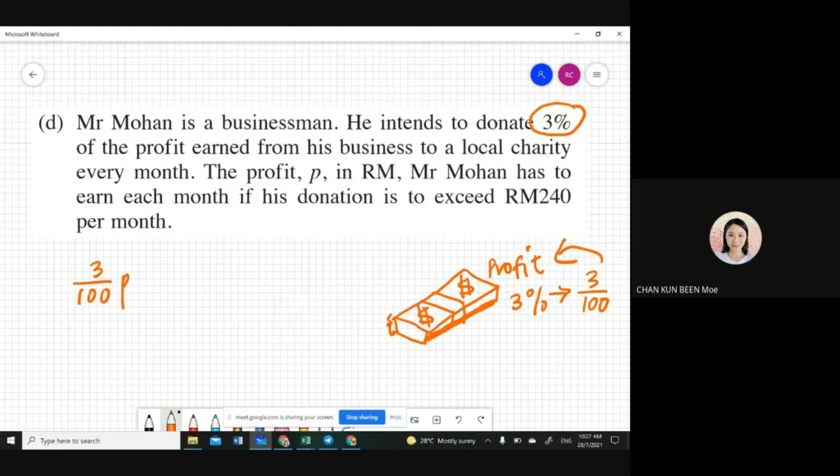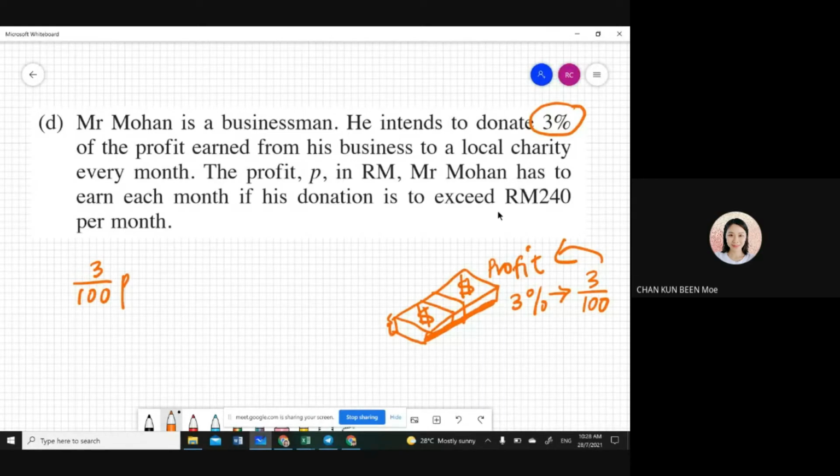We carry on. The profit P in RM, Mr. Mohan has to earn each month if his donation is to exceed 240. Meaning, he is going to donate more than 240 per month. Can he donate the same amount as 240 from this word? Can he just donate 240?